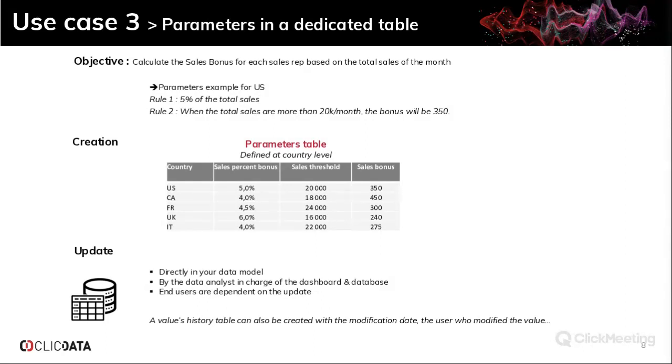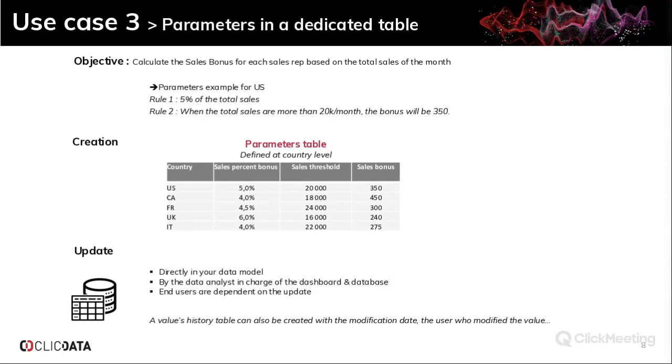So we have 2 parameters, and even 3, sorry. 1 for rule number 1, and 2 for rule number 2, which is the threshold and then the value of the bonus.